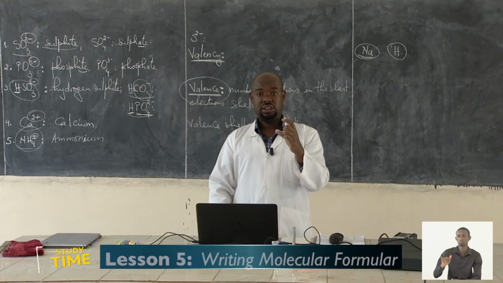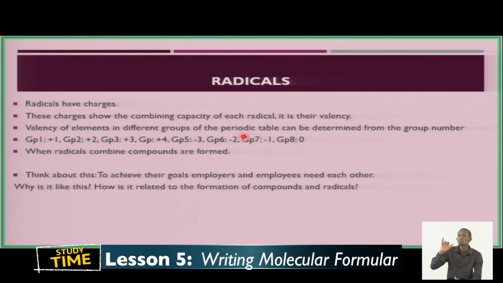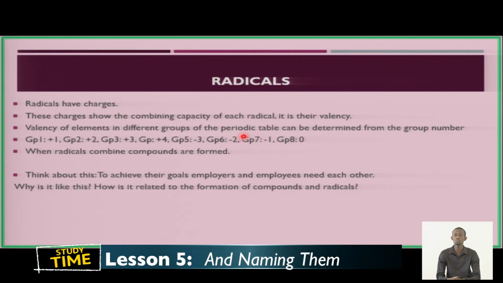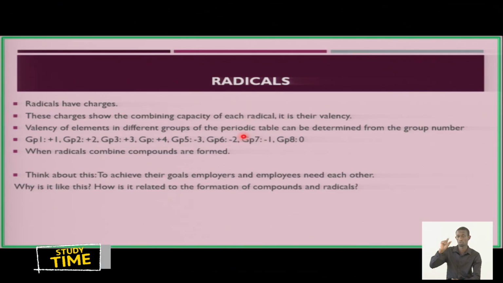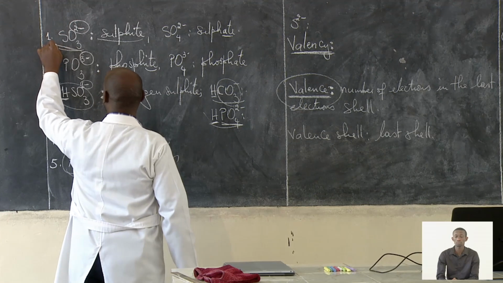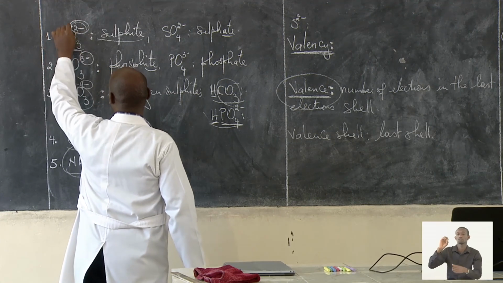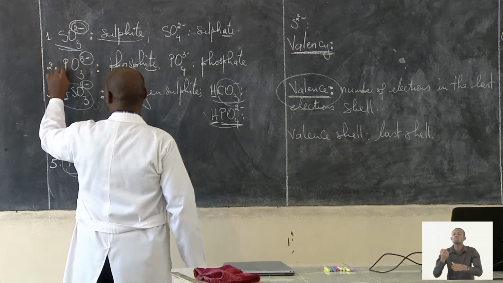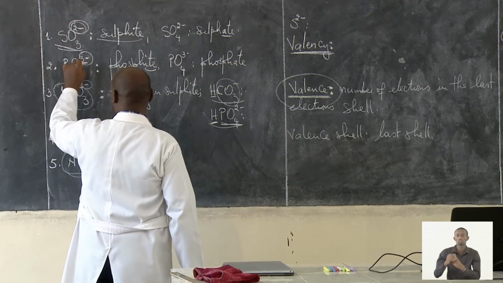And valency can be determined for the radicals simply by looking at the charges. So for the sulfite ion radical, the valency is 2 negative. And phosphite, it is 3 negative.